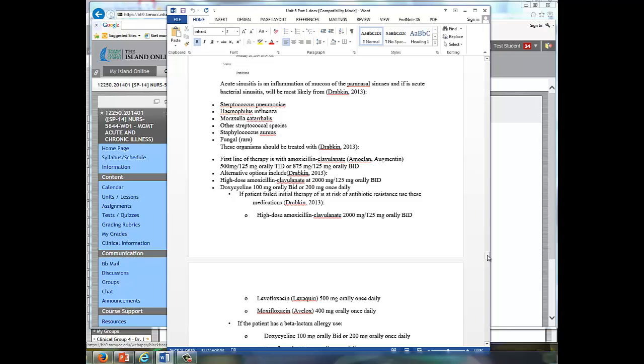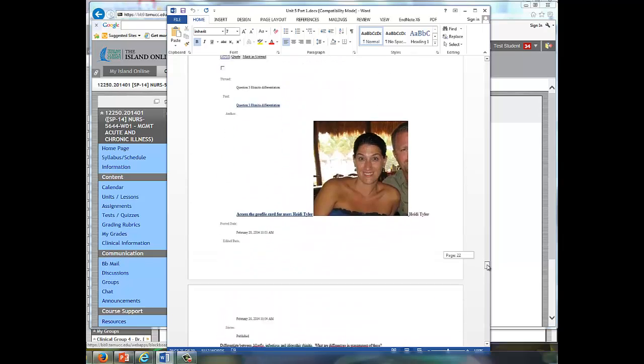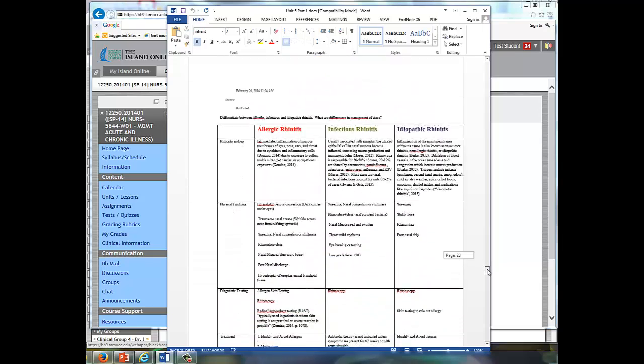You can look at the signs and symptoms, and that is different from an upper respiratory infection. A lot of times I see students in their practicum diagnose acute sinusitis when the patient has only been sick for 2 days and they really have an upper respiratory infection. So be sure and know the difference between those two.